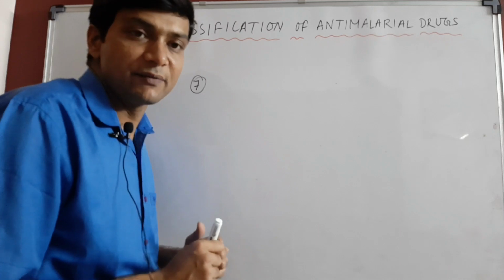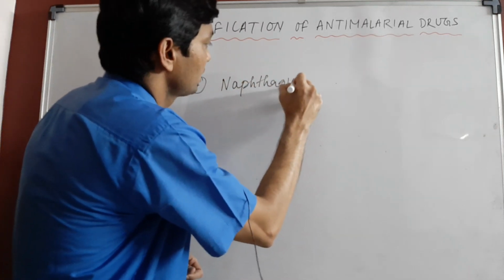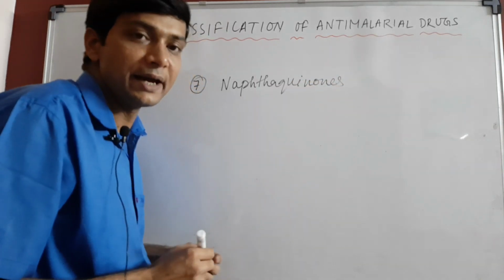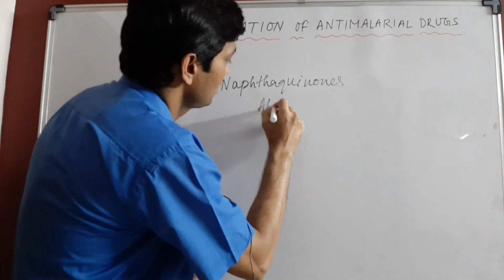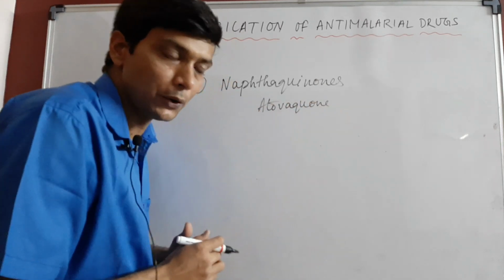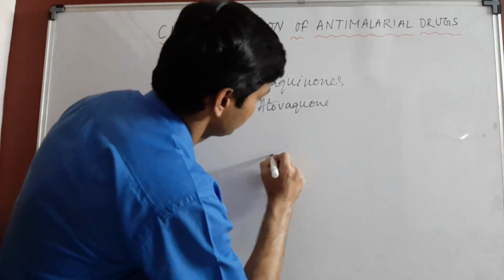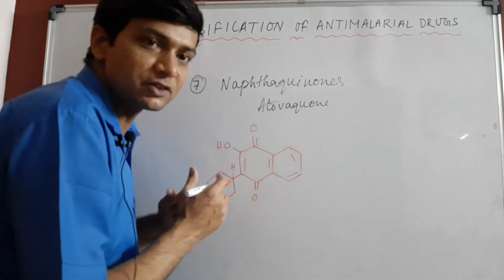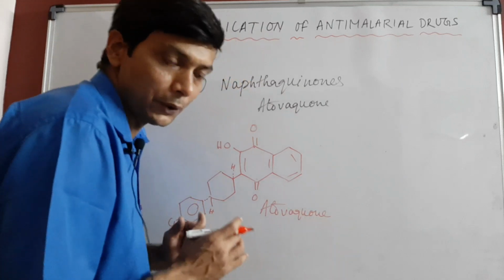The next class of antimalarial agents is the naphthoquinone derivatives, and an example of this class of drugs is atovaquone. This is the chemical structure of atovaquone.